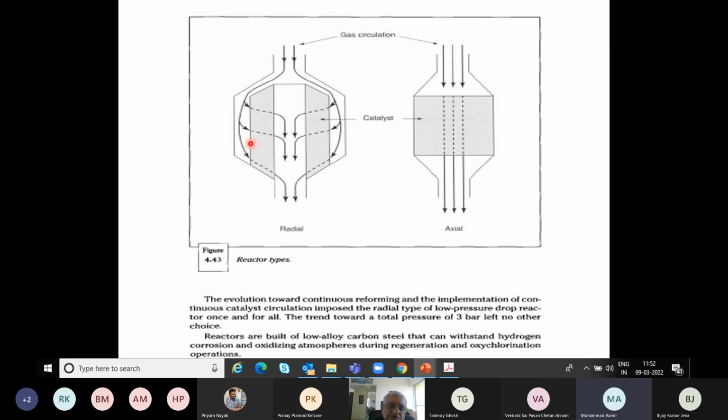Now the distance through which they have to travel is less, and the distribution becomes much better because there's a large area through which they can pass. So the reaction is also better. In fact, all the catalyst gets to see the entire gas. While here, depending upon how you fill the catalyst, you could have longitudinal channels.